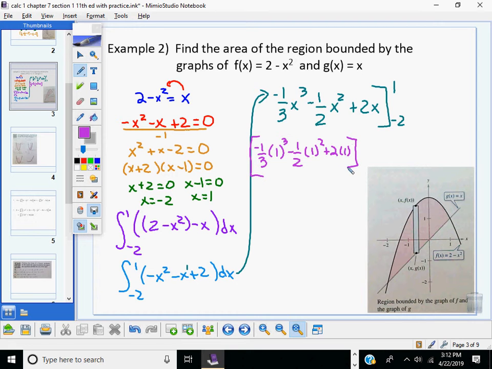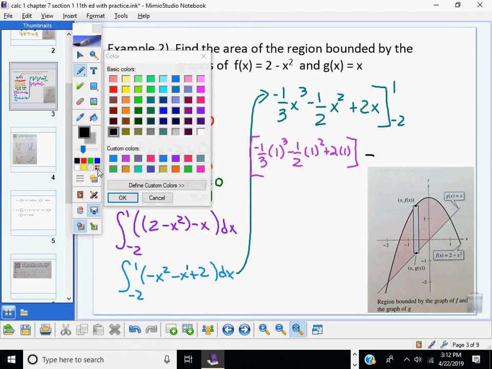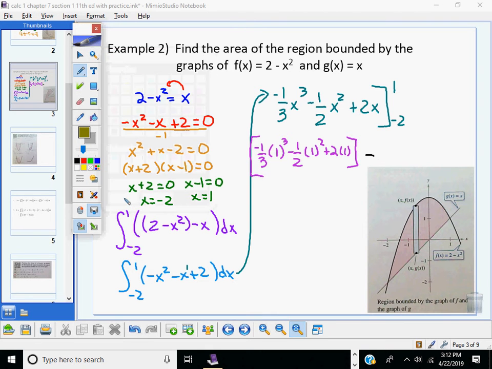Then I'm going to subtract, and we're going to plug in the negative 2. So that's going to give me negative 1/3 times negative 2 cubed minus 1/2 times negative 2 squared plus 2 times negative 2.